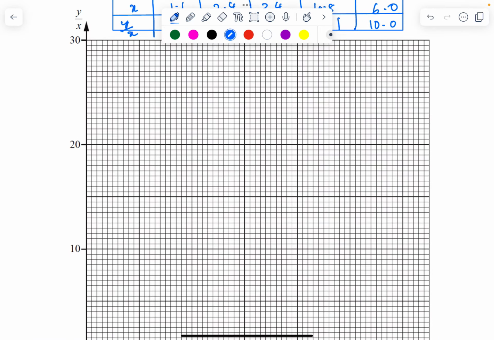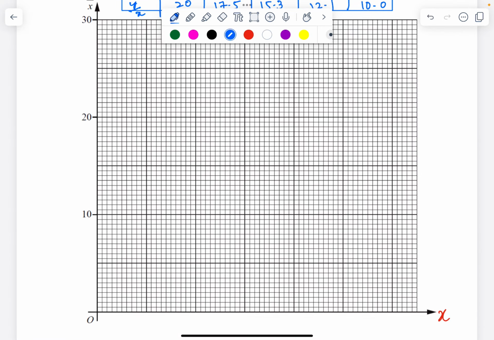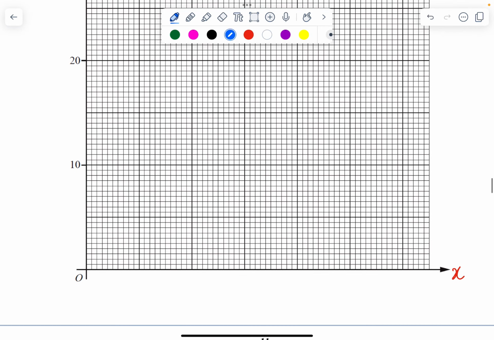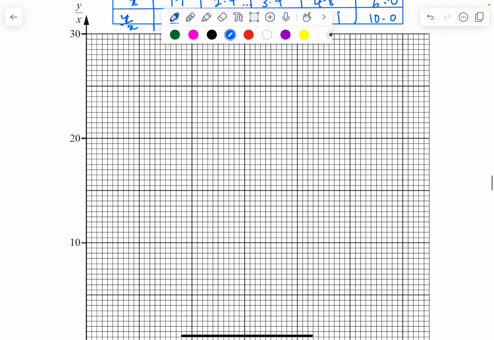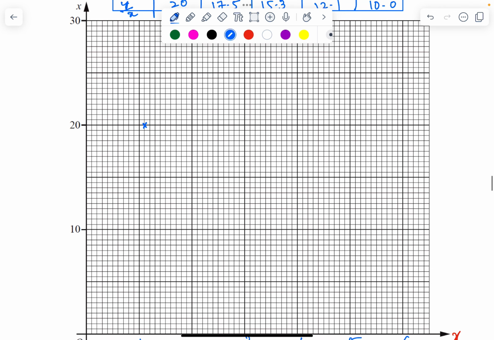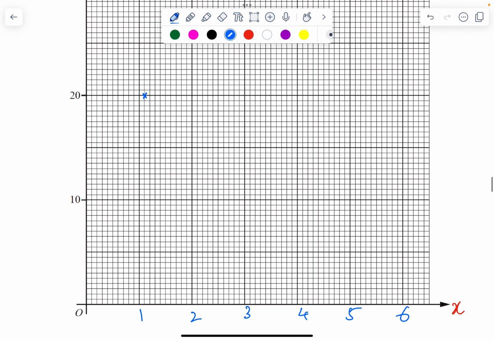So 1.1 and so this is 1, 2, 3, 4, 5, 6. So 1.1 and 20 somewhere here. Then 2.4 and 17.5, somewhere here.